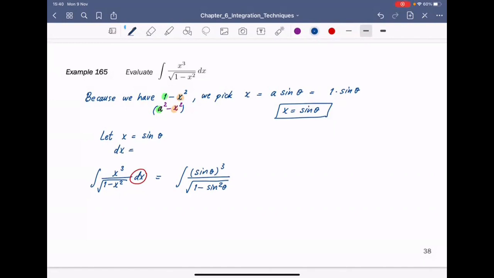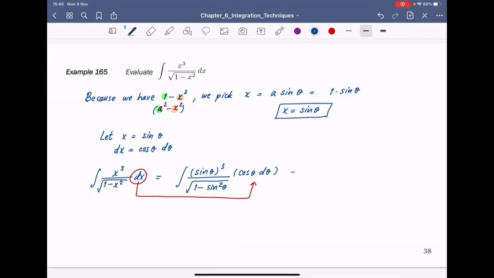Differentiating sine, you get cosine. So dx converts to cosine theta d theta. Sounds good? Now everything is in terms of theta.